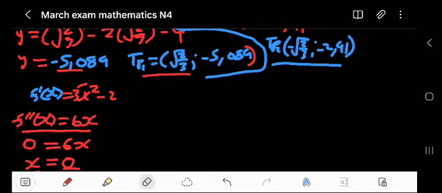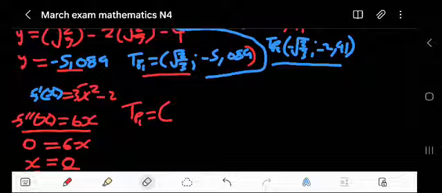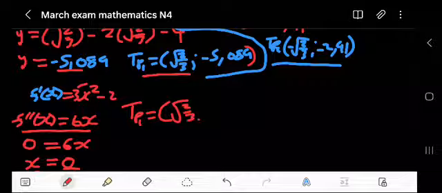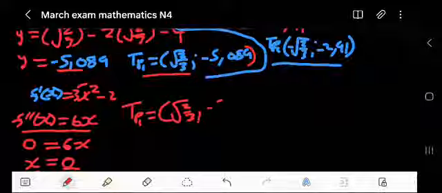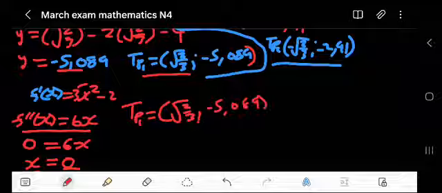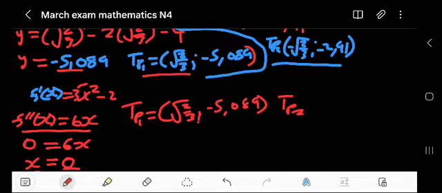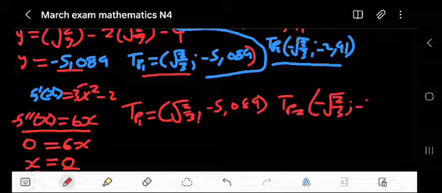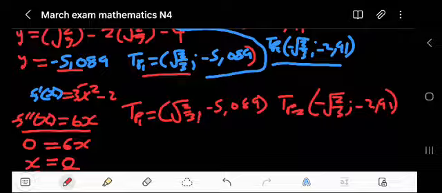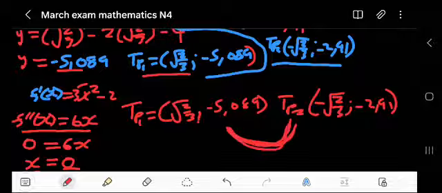Turning point 1 we had the square root of 2 over 3, negative 5,089, and turning point 2 negative square root of 2 over 3, negative 2,91. So which one is a maximum and which is the minimum?